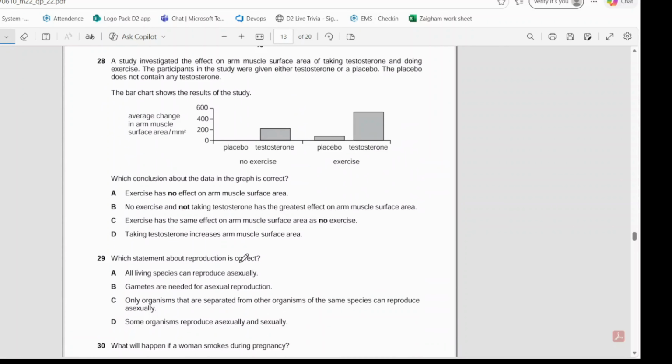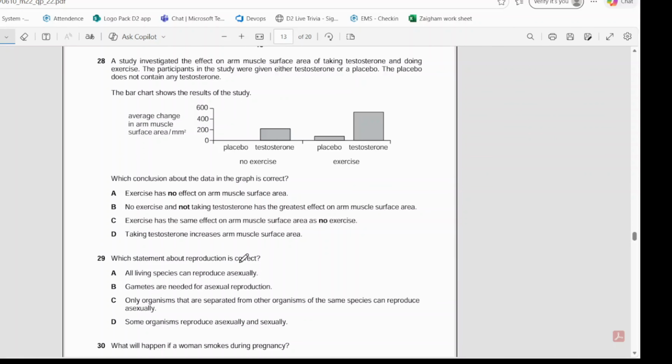Okay, there is a study and a graph is given. A study investigates the effect on arm muscle surface area of taking testosterone and doing exercise. Participants in the study were given either testosterone or placebo. And the placebo does not contain any testosterone. Okay, and no exercise or exercise.